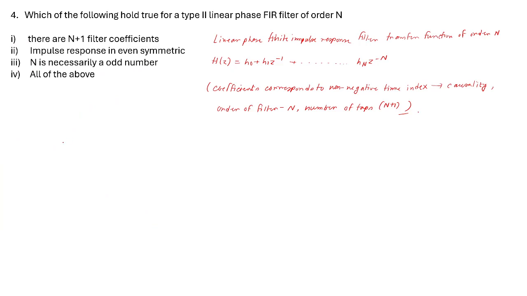So for the different types of linear phase finite impulse response filter, this short table, which I have drawn earlier also, is pretty helpful to remember, or for a compact understanding of all of type 1, type 2, type 3 and type 4 FIR filters at once, if we want to summarize the properties of them.